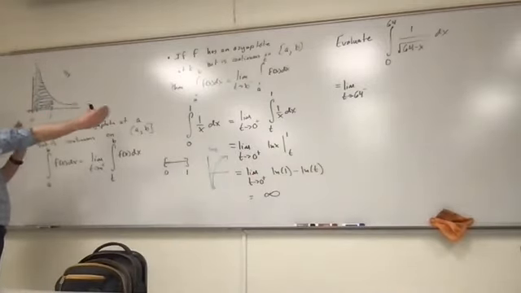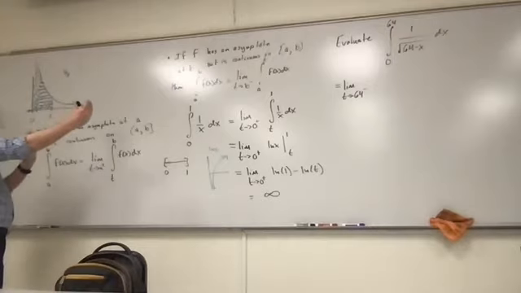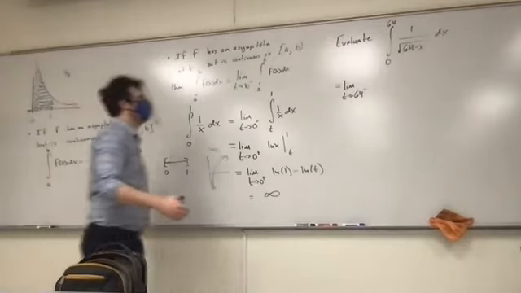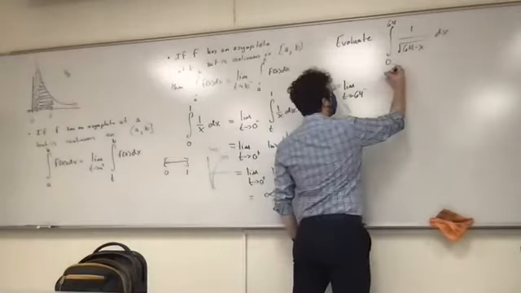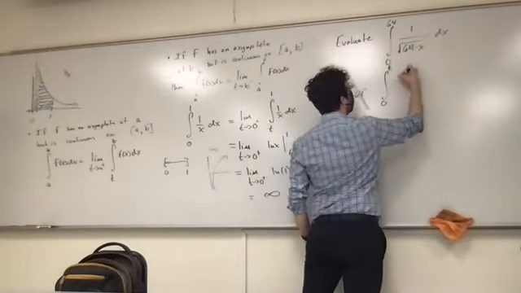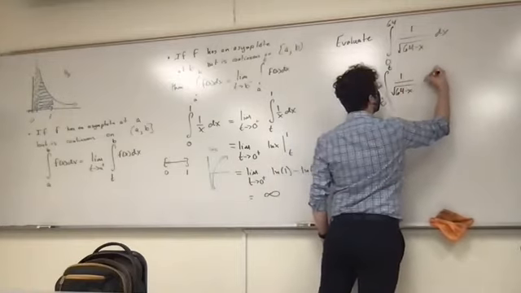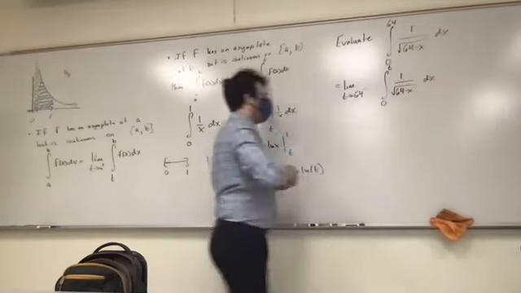The bad part's on the right end point, so we want to back up a little bit just below 64, and then work our way back towards it to accumulate all of that area. So now we're integrating from 0 up to t, 1 over the square root of 64 minus x dx.